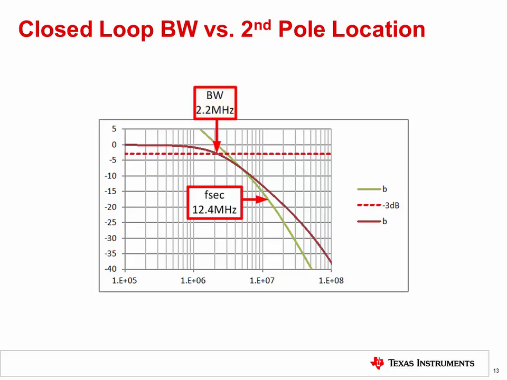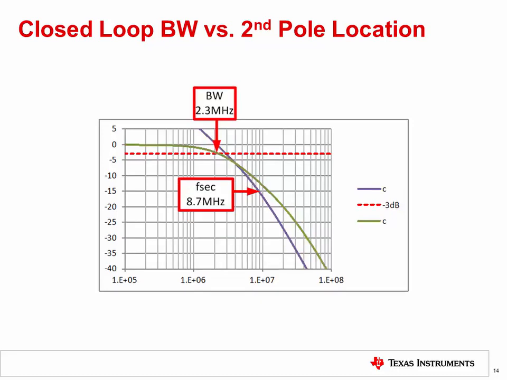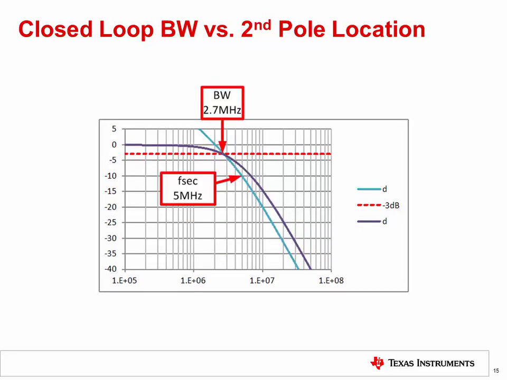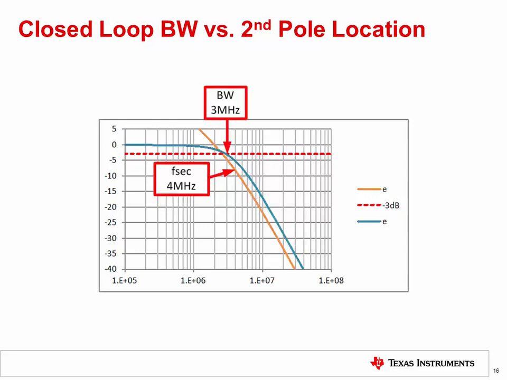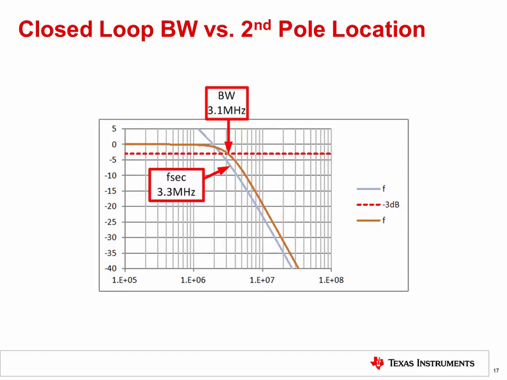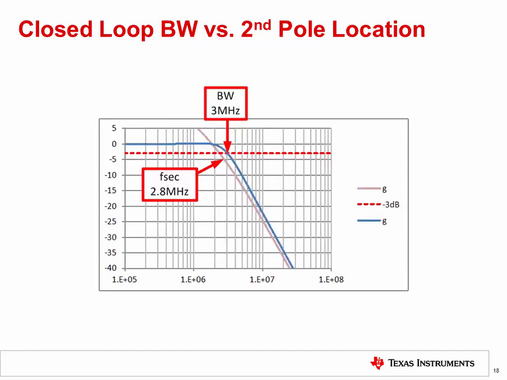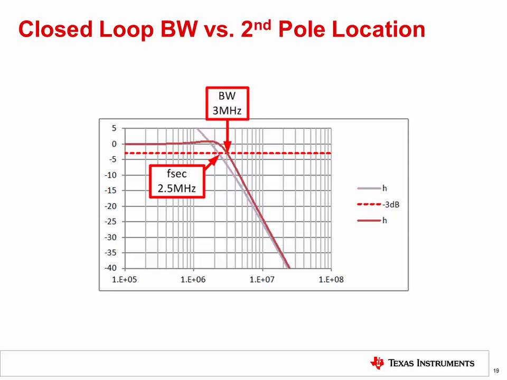Notice the bandwidth increases as the second pole frequency decreases. Finally, when the second pole is near the unity gain bandwidth, the closed-loop bandwidth stops changing and we see significant gain peaking.